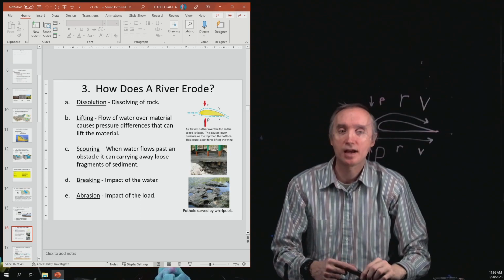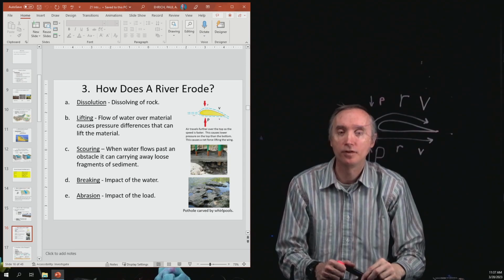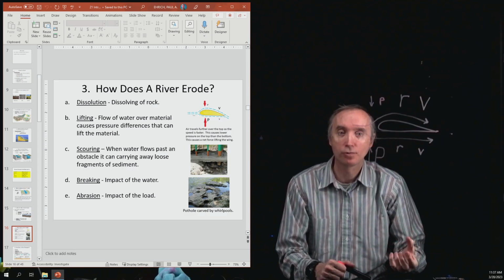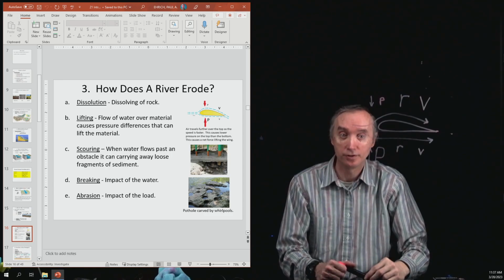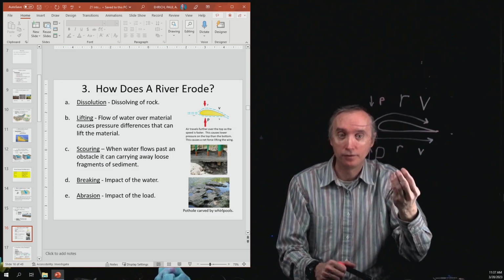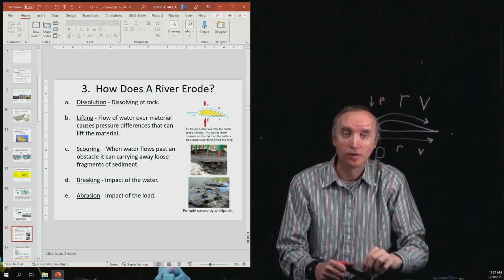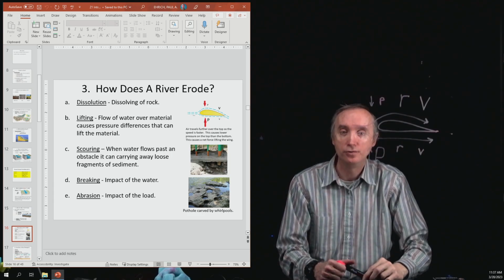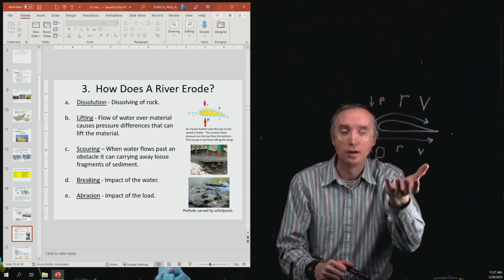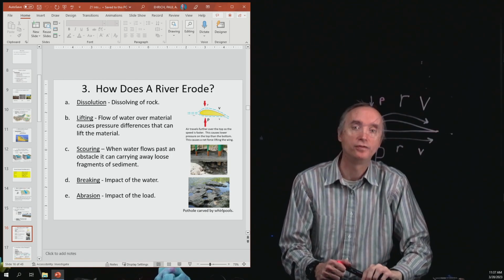Okay, then you've got scouring. Scouring occurs when water flows past an obstacle, such as a rock, or in the picture shown there, a concrete bridge. That's the base of a concrete bridge, and what's happened is water has flowed around that base and carried away loose materials from around it, so now you've got this big hole underneath that concrete, and that could cause the bridge to fail.